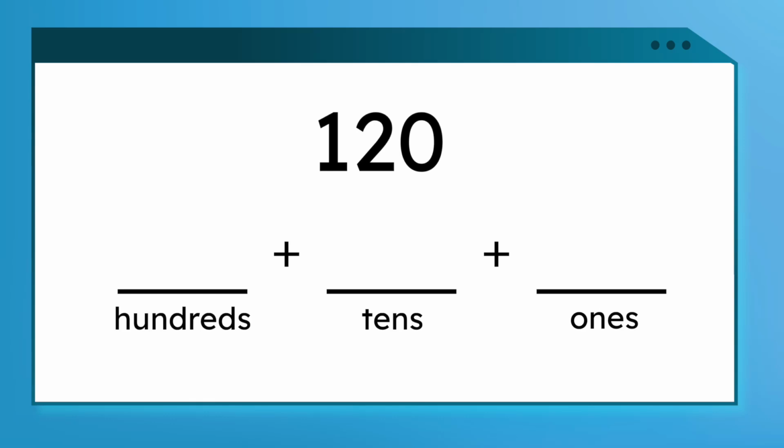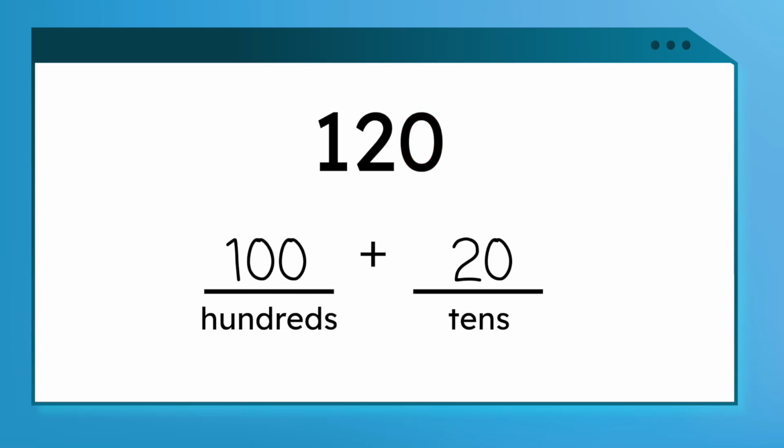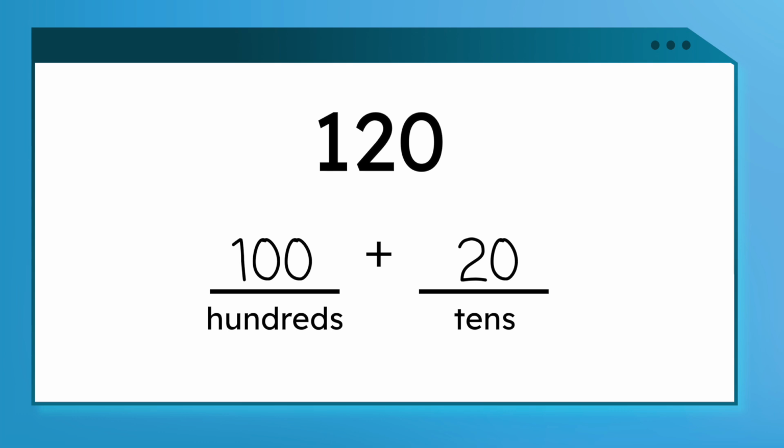And that represents 100. And how many tens? 2, which represents the number 20. Finally, how many ones? 0. Since there aren't any ones in 120, we can say that 120 in expanded form is simply 100 plus 20.